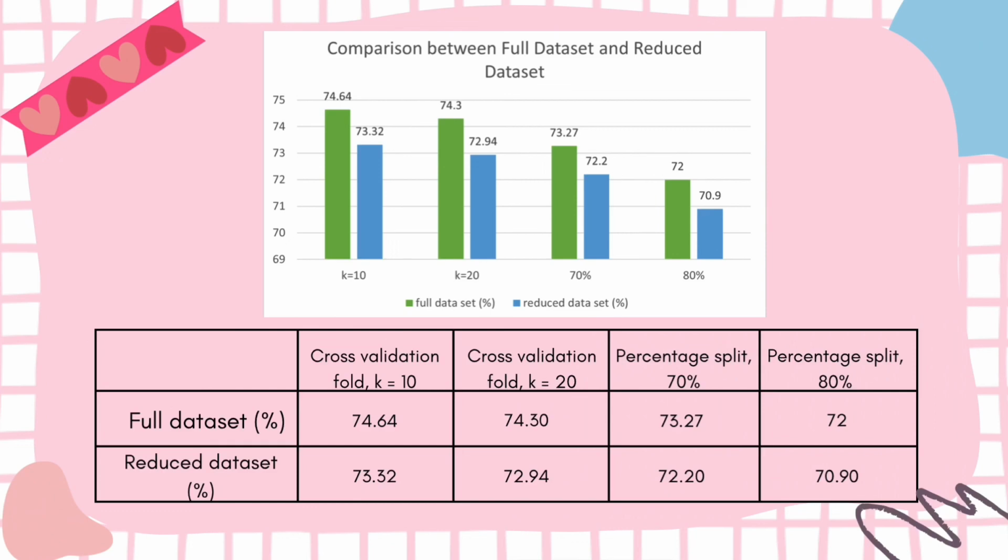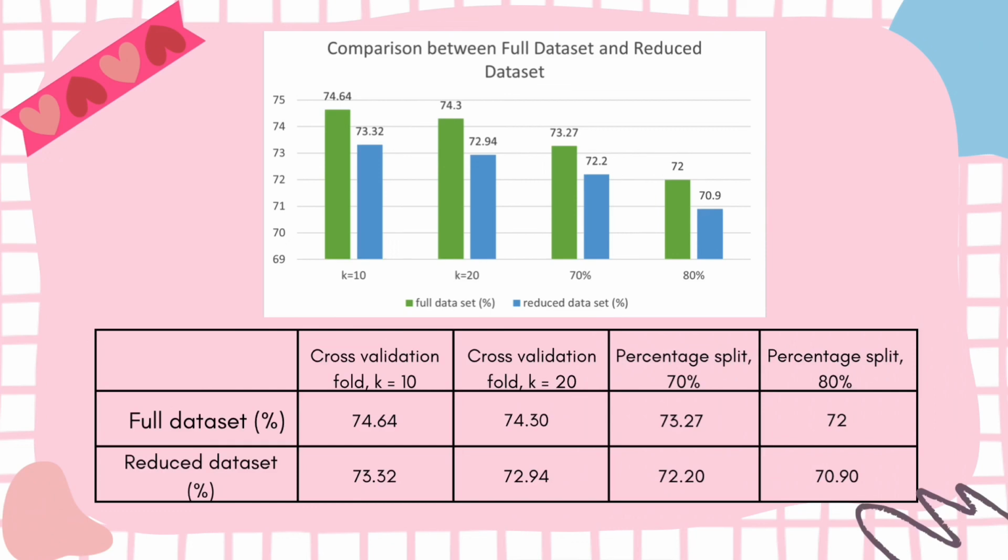Then, for the cross-validation 20-fold, full dataset has 74.3% and decreased to 72.94% in reduced dataset.